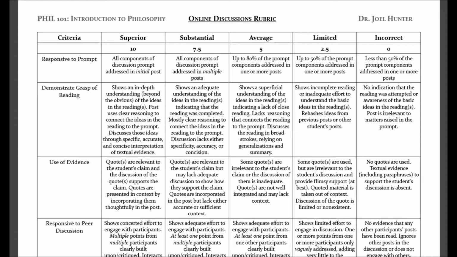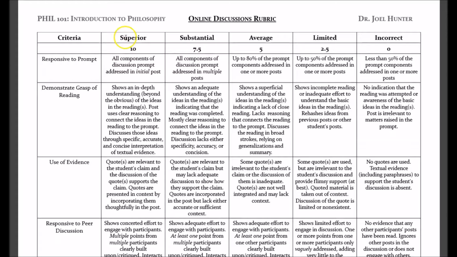Now, that does not mean, let's say there are three different questions contained within the full prompt, that you just list out answers to each of the three parts, because your contribution needs to be cohesive and coherent. It needs to be one response. So the idea is to weave together the responses to each of the subparts into a full, complete post. All right, so that's the key point here in the superior category to responsive to prompt.